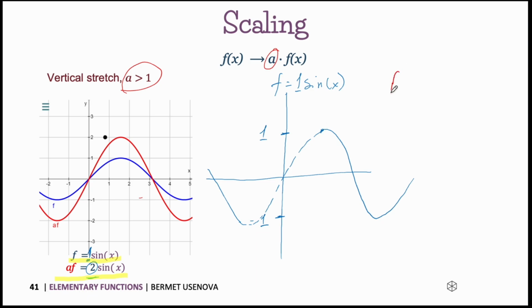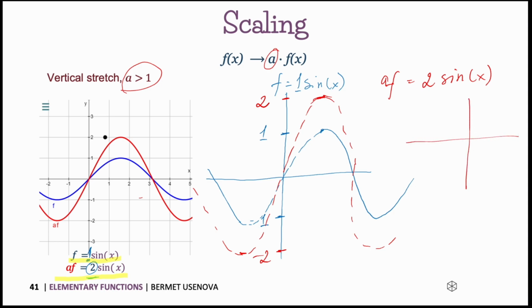And now, what happens if we have a equal to 2 sine x? So now we have 2 here and minus 2 here. So now our graph will do a so-called vertical stretch.